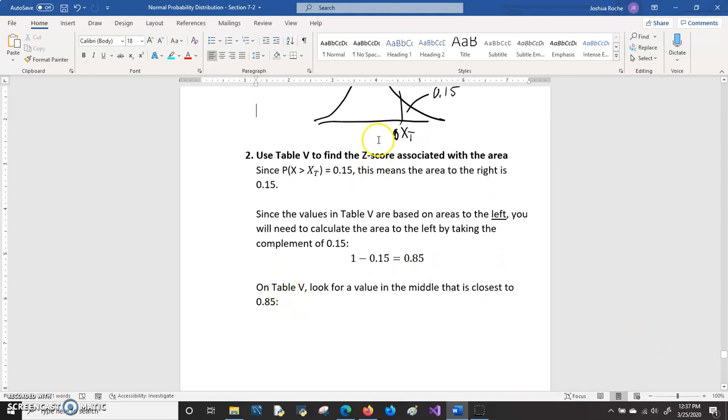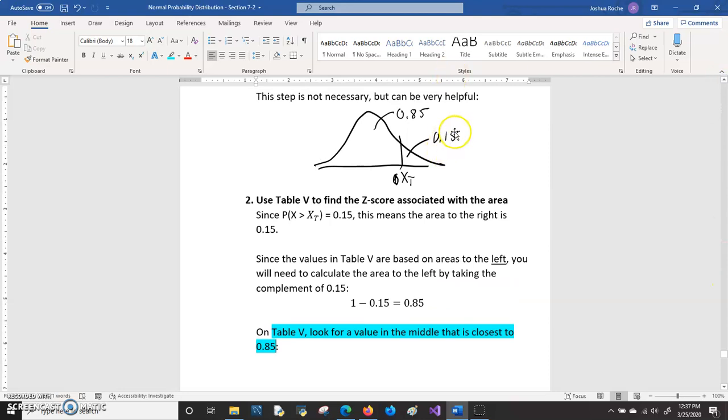So that means that when using table 5, the value that we look up isn't going to be the 0.15. The value that we need is 0.85. Table 5 is designed to only use the areas to the left.